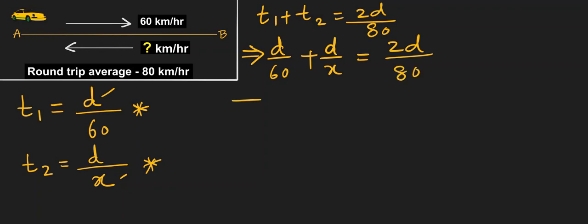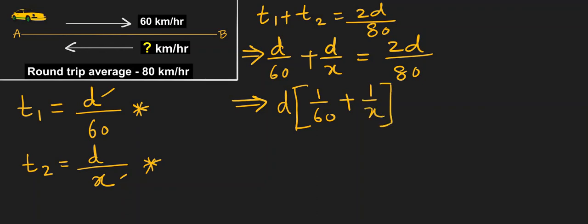Or we could take d common on the left hand side, and this becomes d times (1 over 60 plus 1 over x) equals 2d over 80.